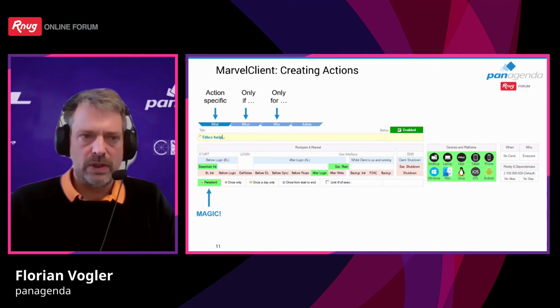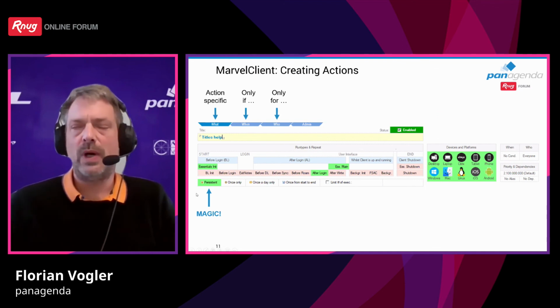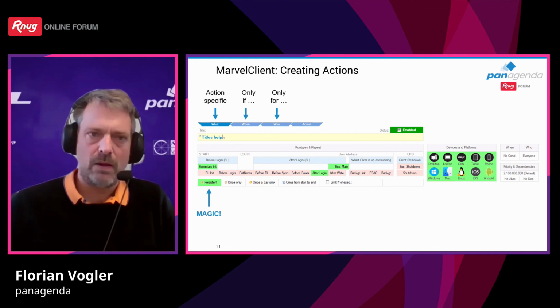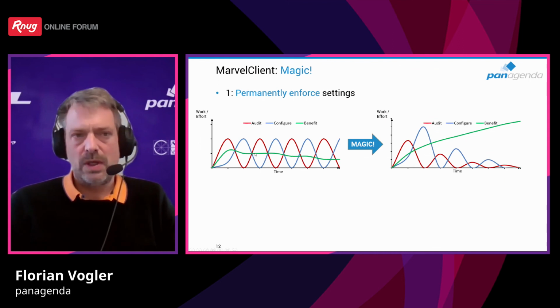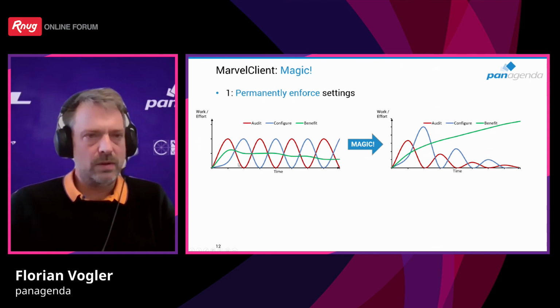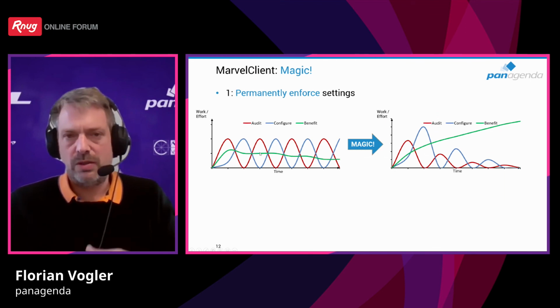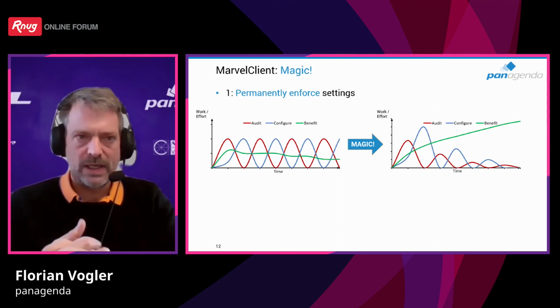Now let's take a broader look again at the topic of persistency and why that is magic and why it is fundamentally important for bringing down the number of help desk tickets in your organization. Typical help desk management is like, an end user calls, and then when they've called the help desk, somebody configures against that configuration and fixes the problem. And then the next user calls and has the same problem.